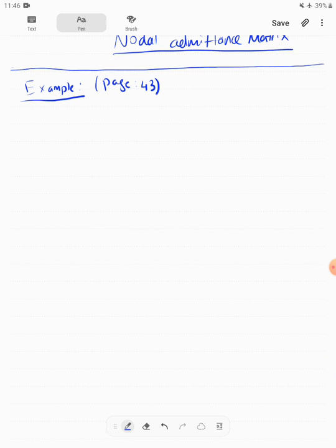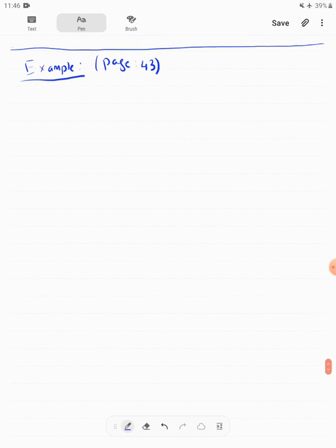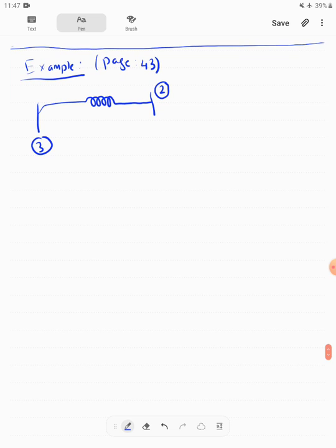In this example, we have 3 buses and 2 transmission lines. This is bus 3. This is the first transmission line, which connects bus 3 and bus 2. And that's the other transmission line, which connects bus 3 and bus 1.